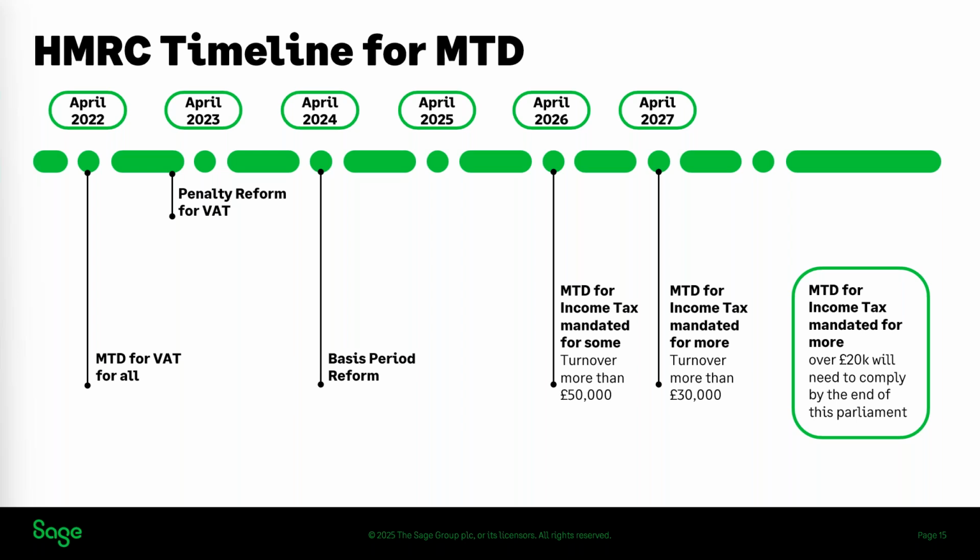This begins with self-employed individuals and landlords with income over £50,000. From 2027, that will roll out to those between income of £30,000 and £50,000, and then that will roll out to businesses under £30,000, and we will bring that information out more as we get it.